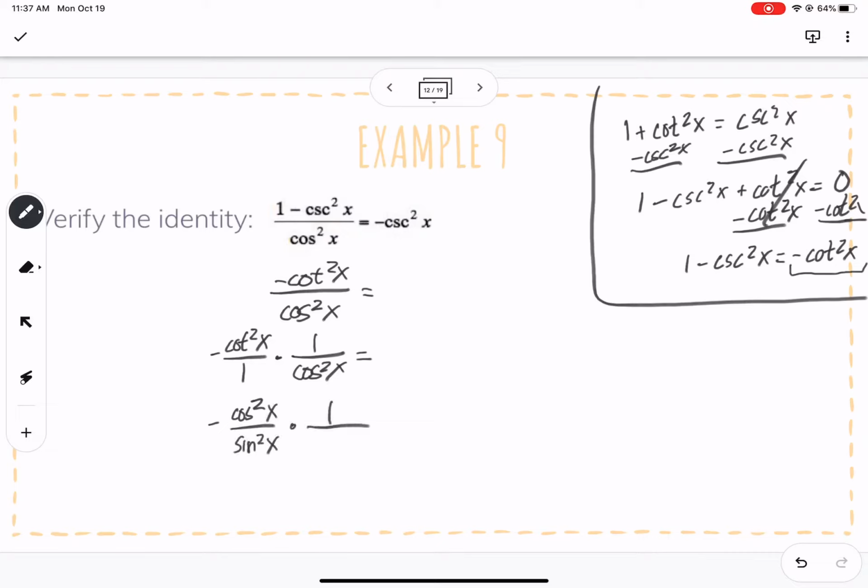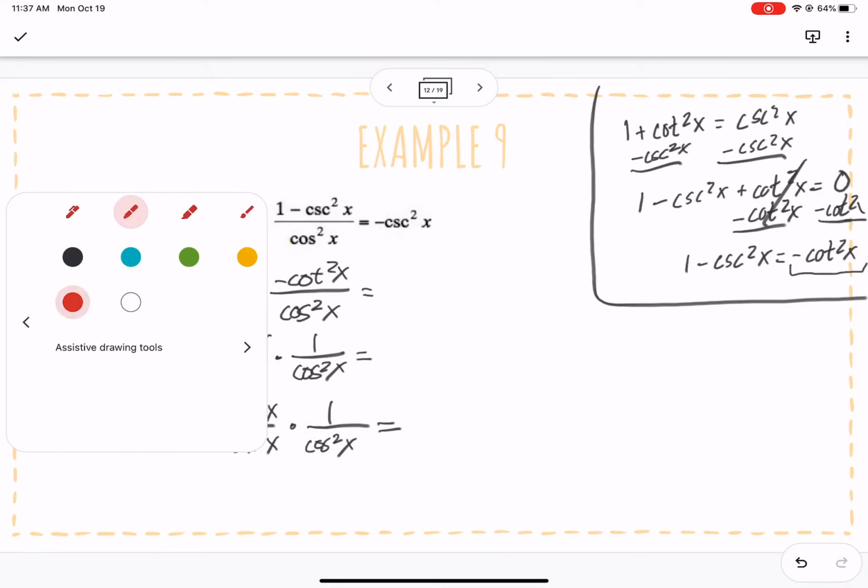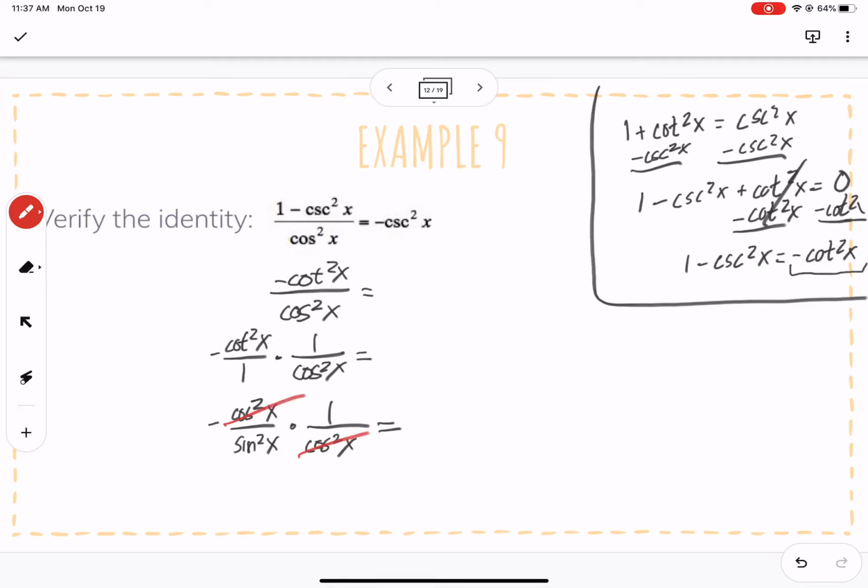That's still multiplying 1 over cosine squared. And check this out, these cancel. All right, so now I have negative 1 over sine squared, and negative 1 over sine squared equals negative cosecant squared. And that is exactly what we have on the right-hand side. All right, so we have verified this identity.